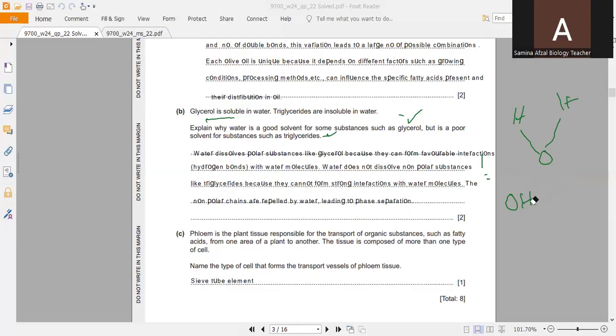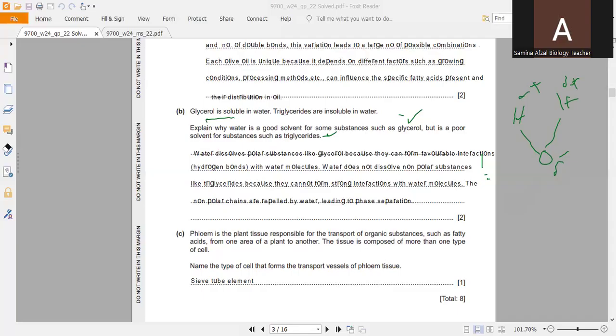In this way, oxygen and hydrogen make bonds with one another. So they are polar, they have poles, partially positive and partially negative charges. This polarity makes water a good solvent for other polar molecules such as ionic compounds.